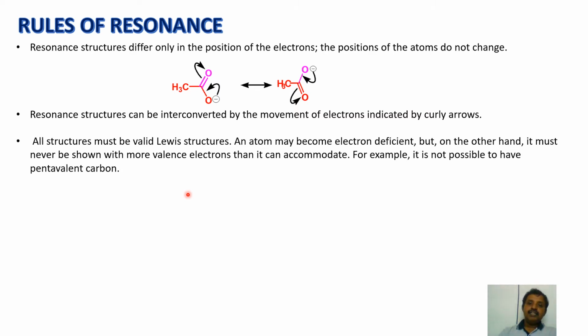That is, it is not possible to have pentavalent carbon. Carbon has a maximum covalency of 4, and it should not disobey this covalency. Pentavalent carbon should not be possible in any of the resonating structures.